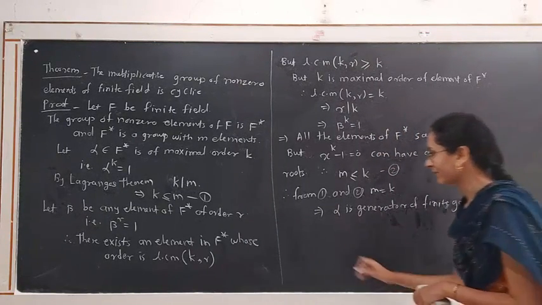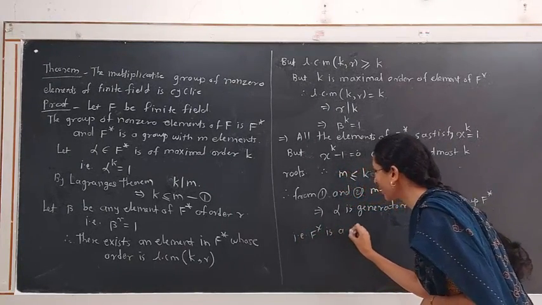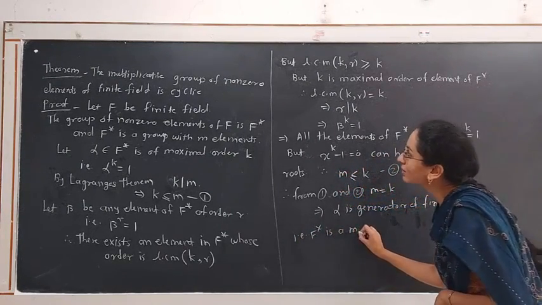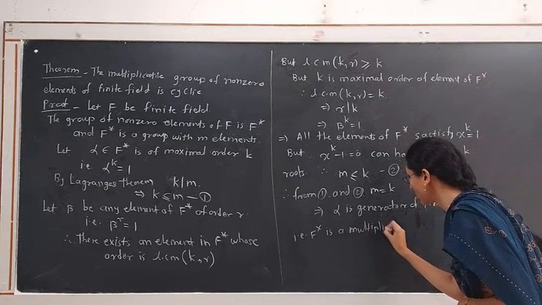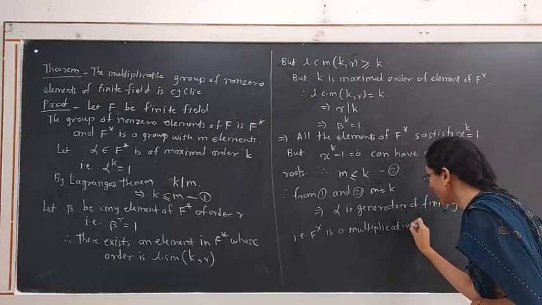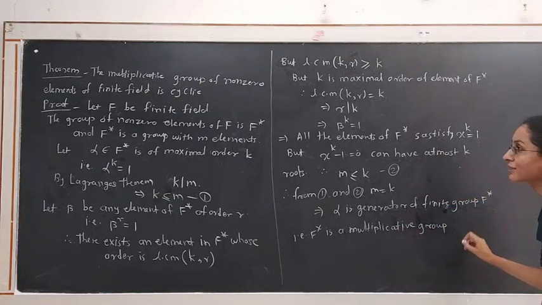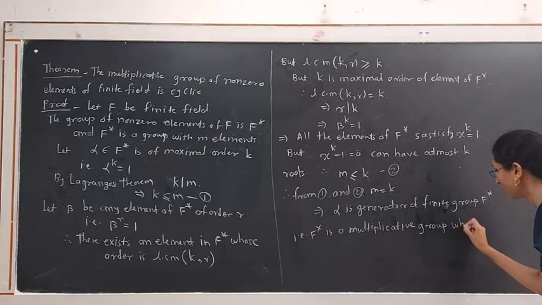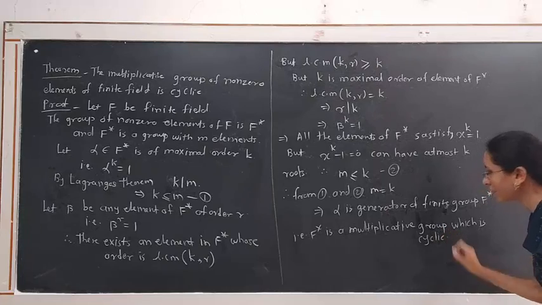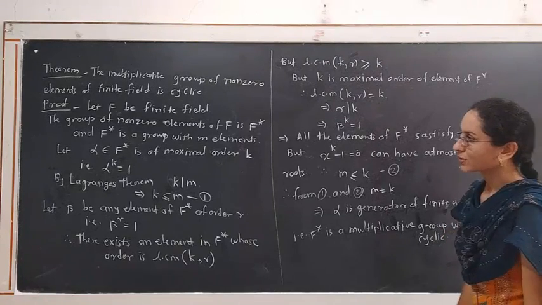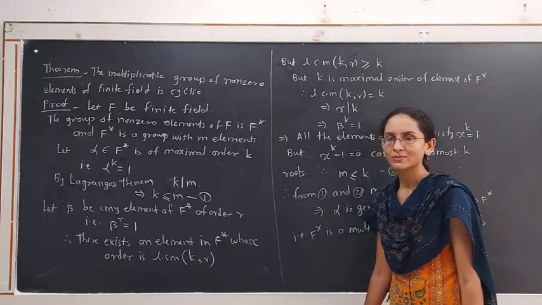That is, F star is a multiplicative group which is cyclic. Hence, the group of non-zero elements of a finite field is a cyclic group. Thank you, student.